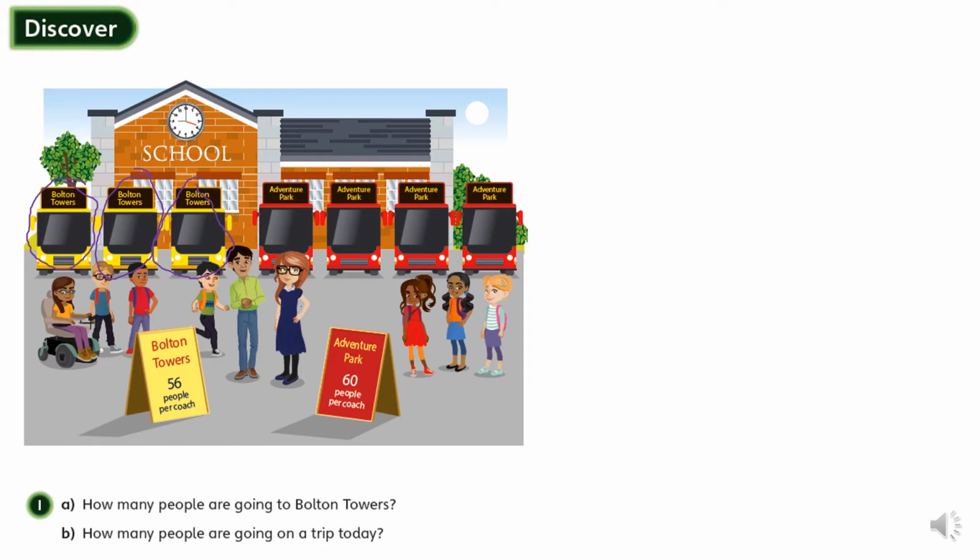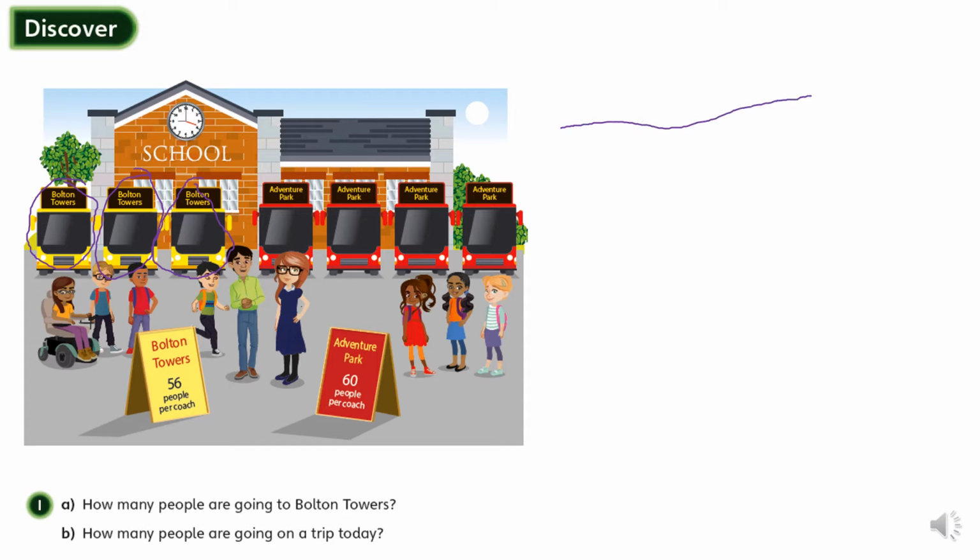And one of the ways that we can represent this is by using a bar model. So I wonder if you could think about how to represent this as a bar model. I know there's got to be 3 equal lots.